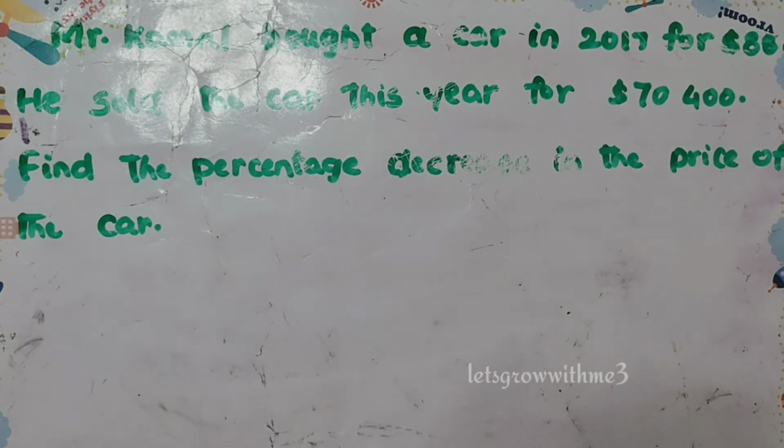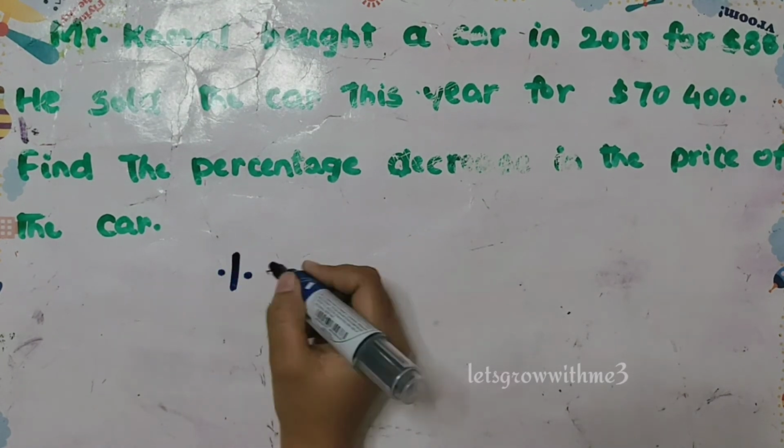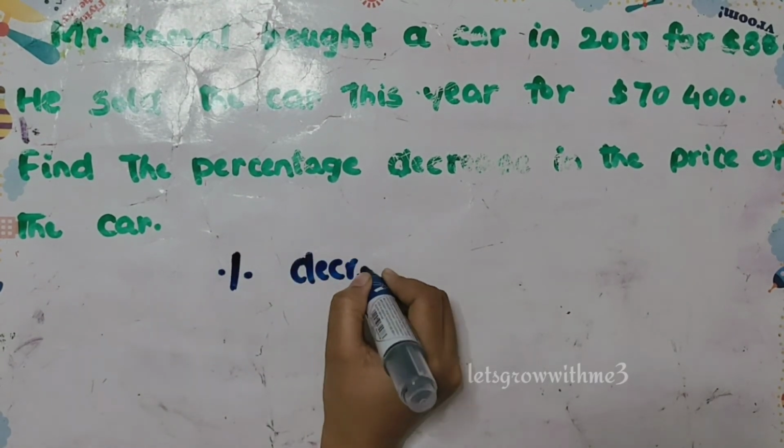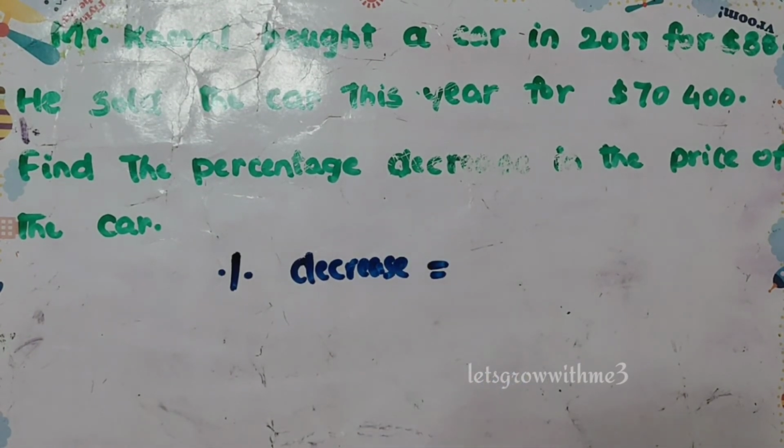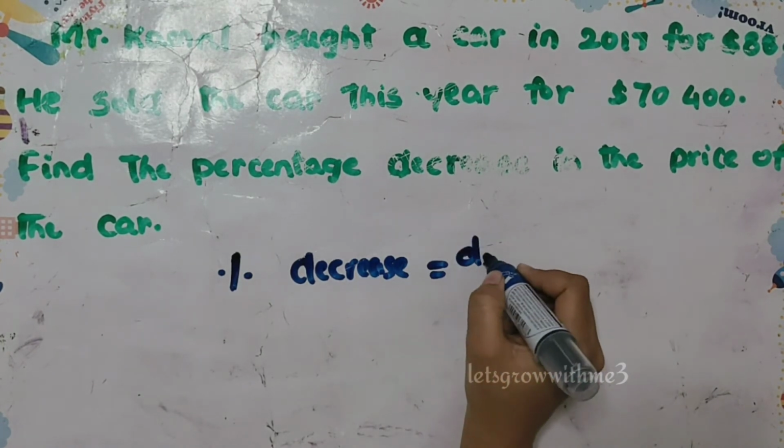What's the formula to find the percentage decrease? It's similar to our percentage increase, but here you will have the decrease in value. So percentage decrease is equal to decrease in value over original value times 100%.